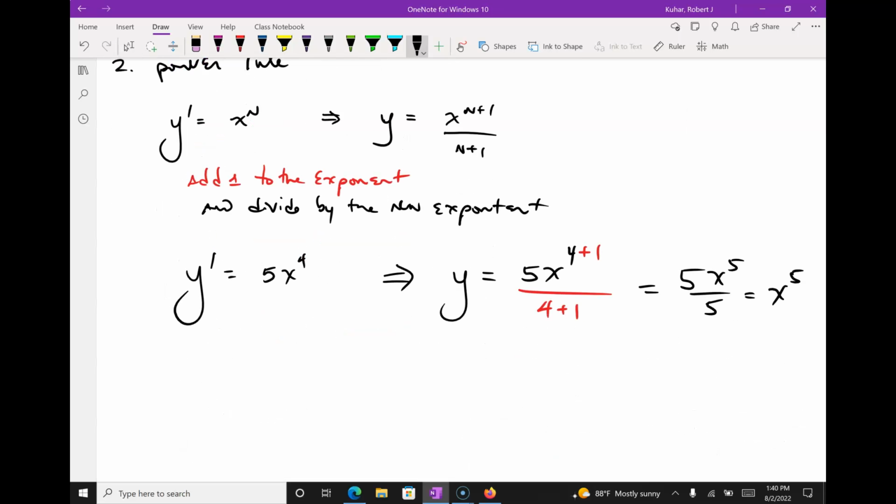And then I can check, so if y equals x to the fifth, what is y prime? 5x to the fourth. You see how easy this is? This is very, very easy.